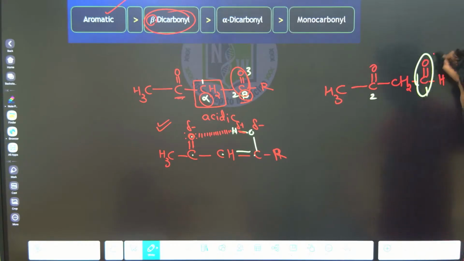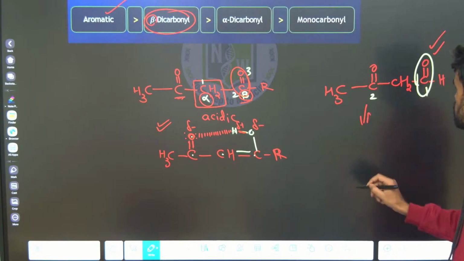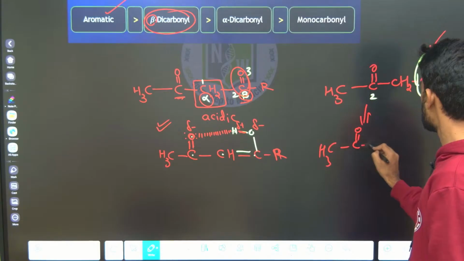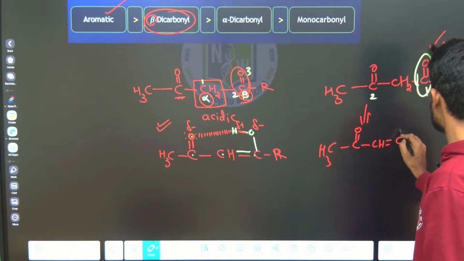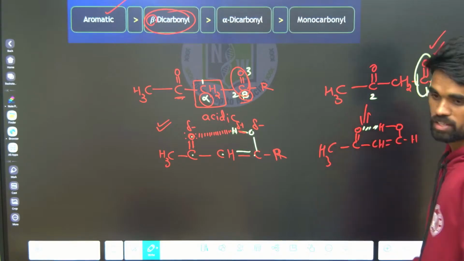So which one? This aldehyde carbon will be converting into enol form. You can understand it in that way. So you can write CH3 COCH double bond COH H, this interaction.